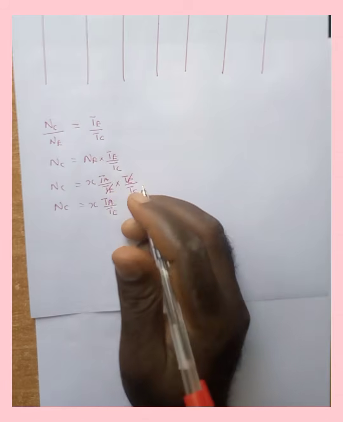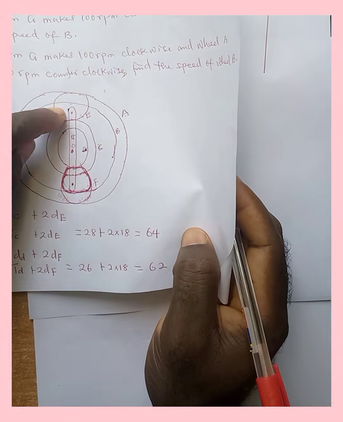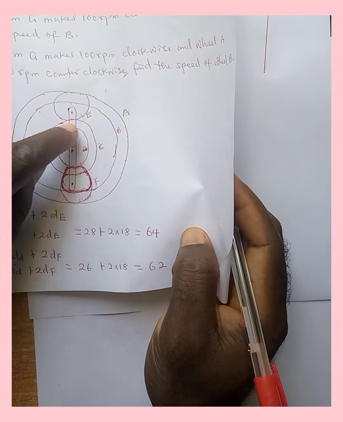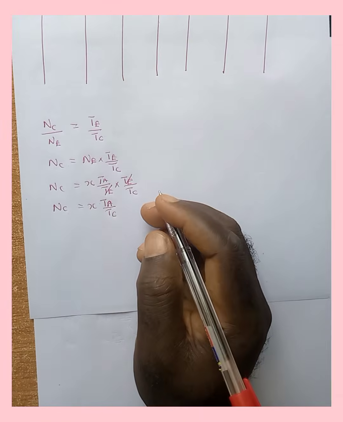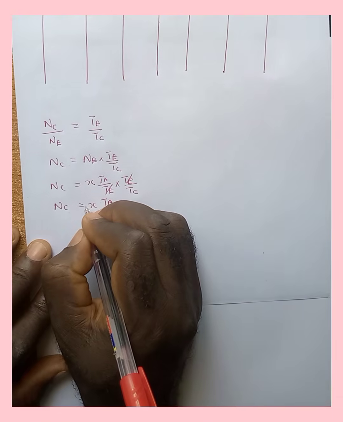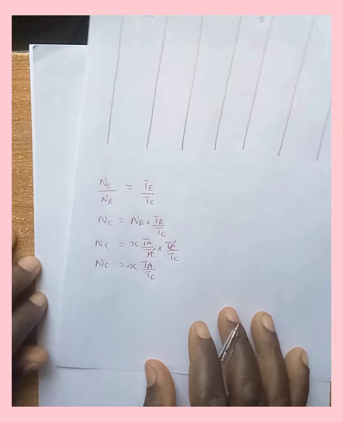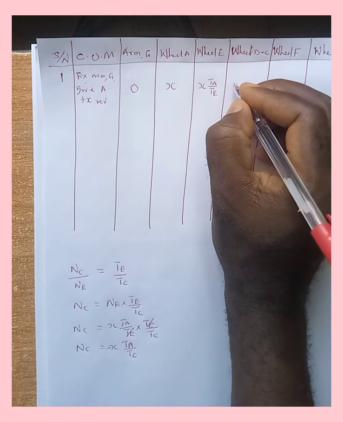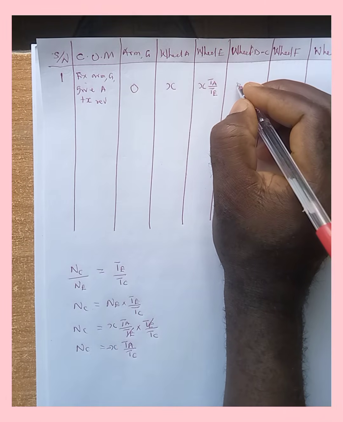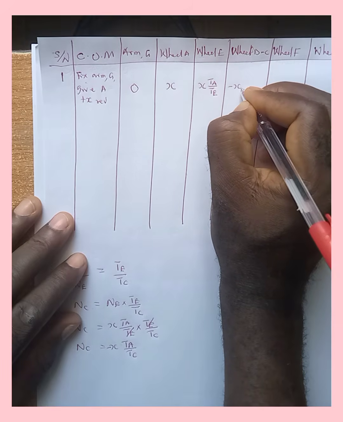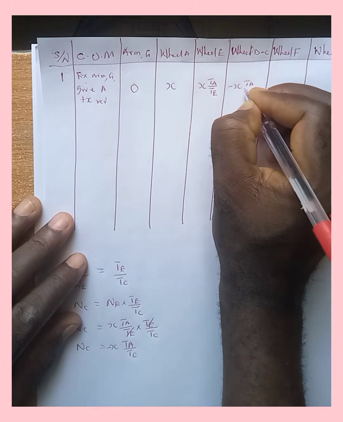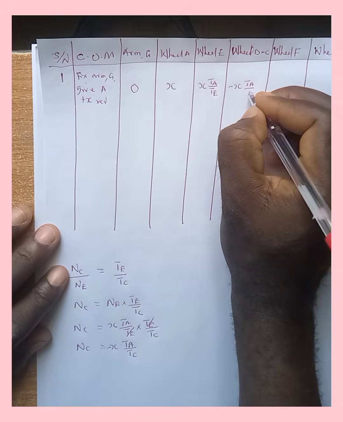But when you look at the meshing, E and C mesh externally, they will be moving in the opposite direction. So that will give this one negative. For that, the speed of the wheel DC is going to be minus XTA over TC.